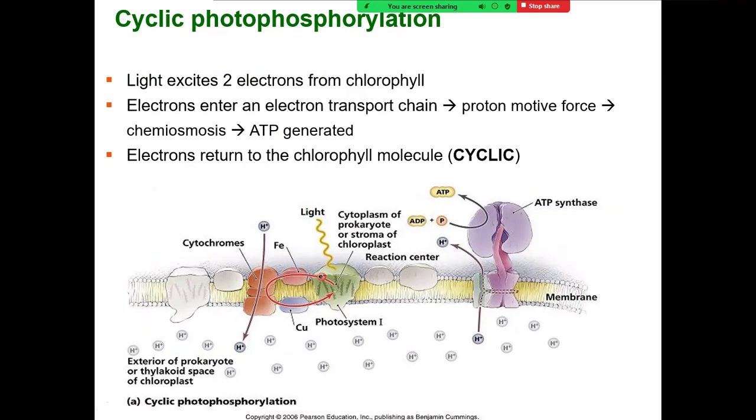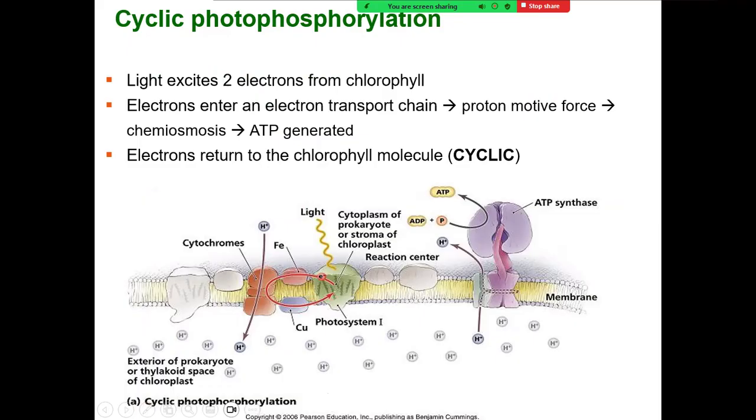All right, let's talk about cyclic photosynthesis, also called cyclic photophosphorylation. Light will hit the electron trapping pigment, or in this case, chlorophyll, and that will excite two electrons to leave the chlorophyll.